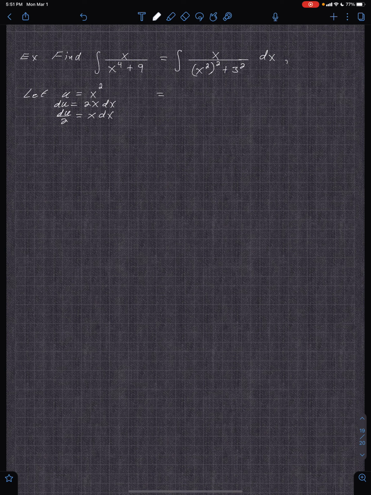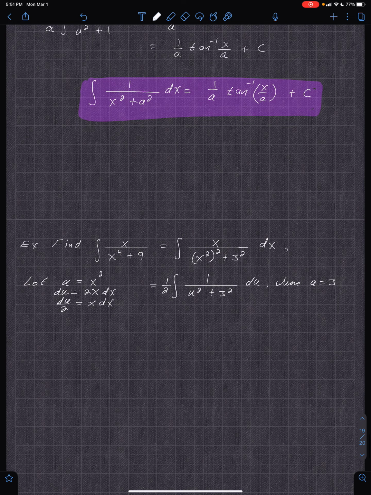So when I substitute in, I get the integral of 1/2 times 1 over u squared plus 3 squared du, where a is equal to 3 in that formula above, right?